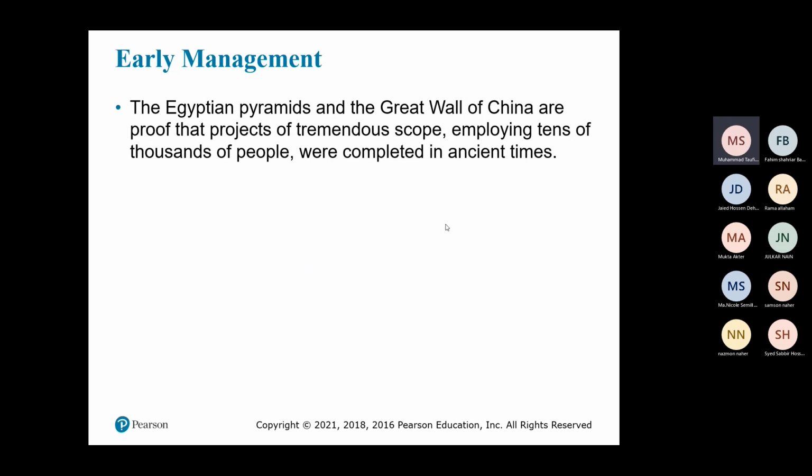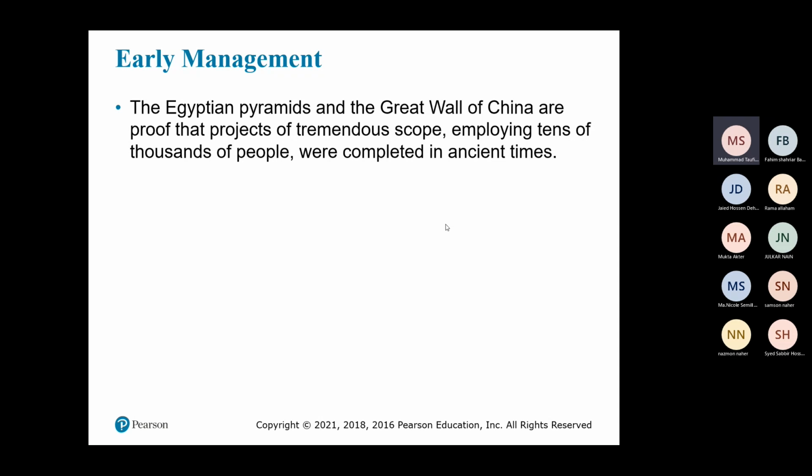As human settlement grows, we create a village, we create a city, we start to learn how to manage other people. The proof of this we can see from the big projects that happened a long time ago.